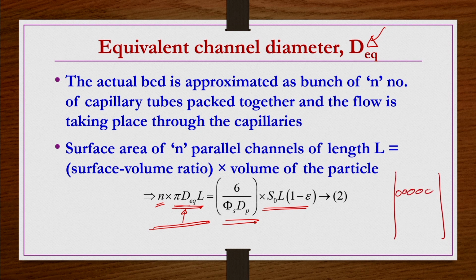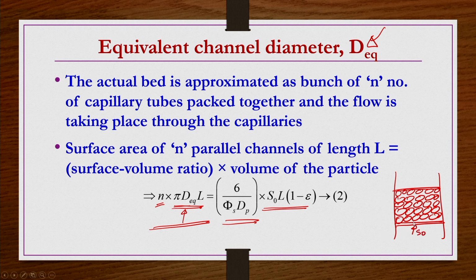Let us say this is the packing here. These are packed between two perforated plates like this. So, the cross section area of this column is S naught.